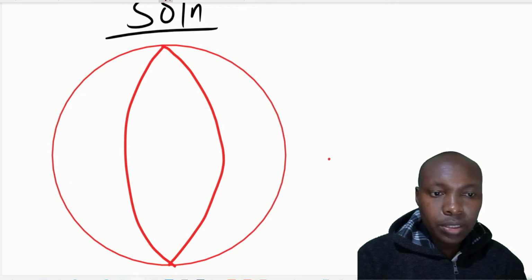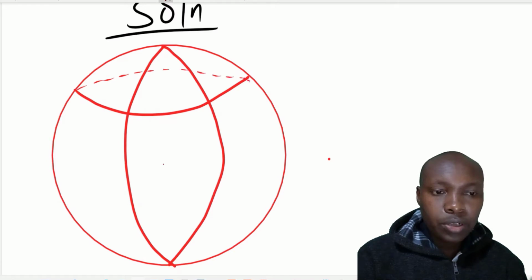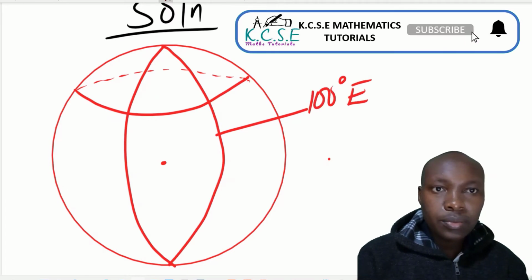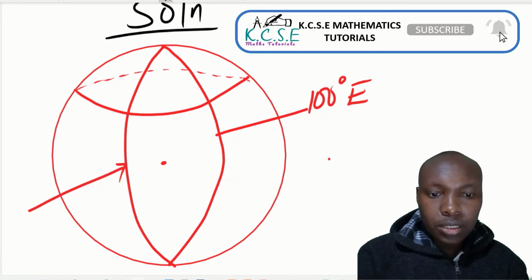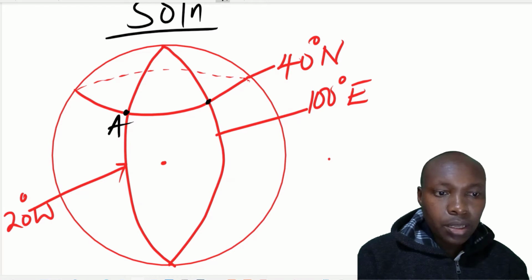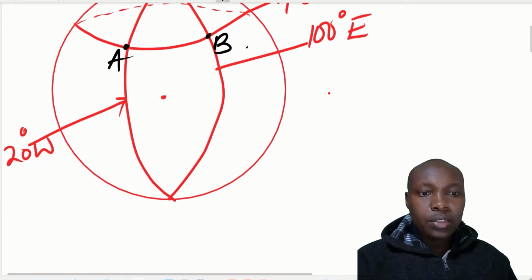Both of them lie on different longitudes but the same latitude. That is longitude 100 degrees east, that is longitude 20 degrees west, and both of them lie on 40 degrees north. So that is point A and that is point B. Those are the locations of the places.